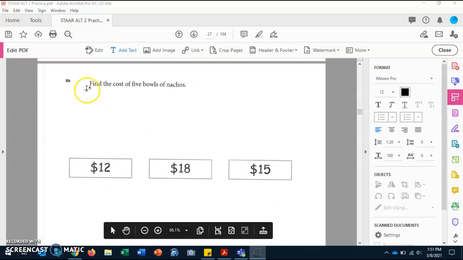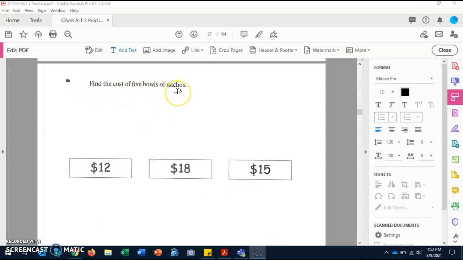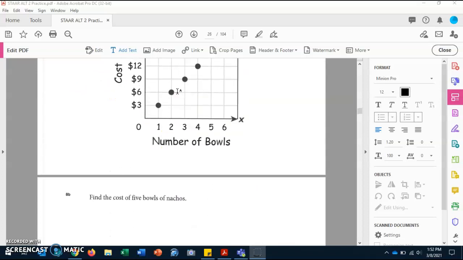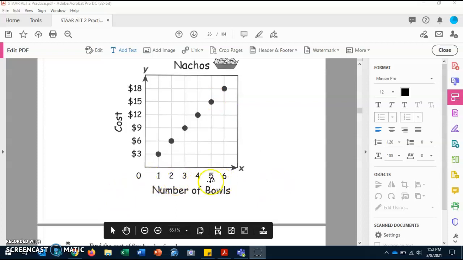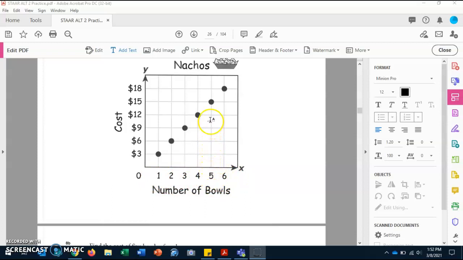So now the question is, find the cost of 5 bowls of nachos. So how can we find out how much the cost of 5 nacho bowls is? To begin with, here we have the number of bowls, and here is 5. If we go to 5 and go all the way up till there's a dot right here, how much is it for 5 bowls of nachos? 15.